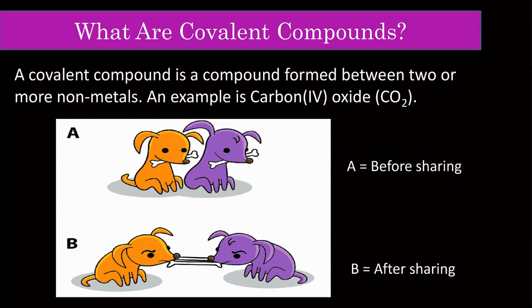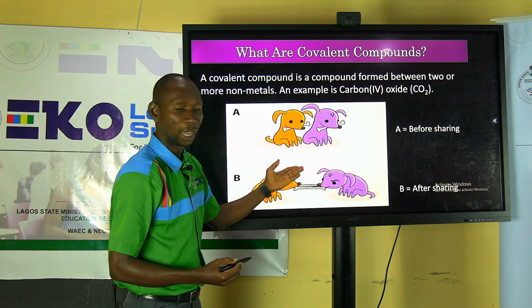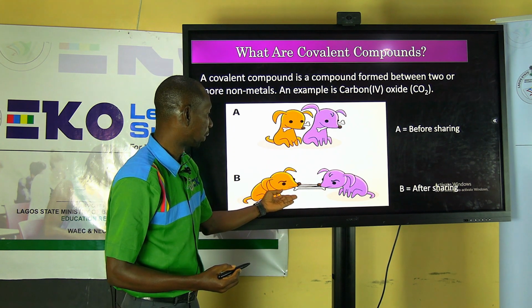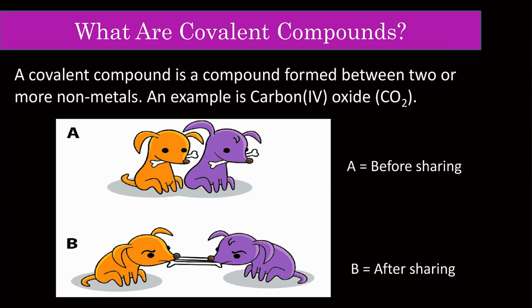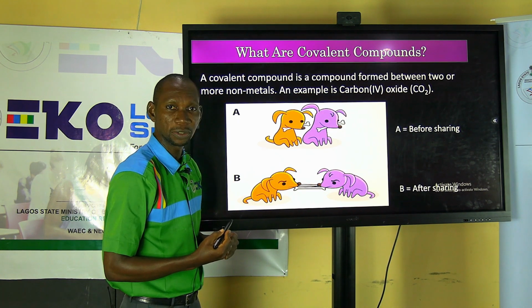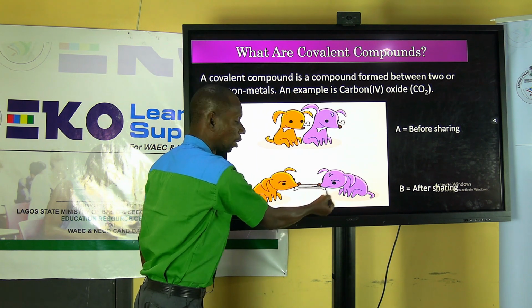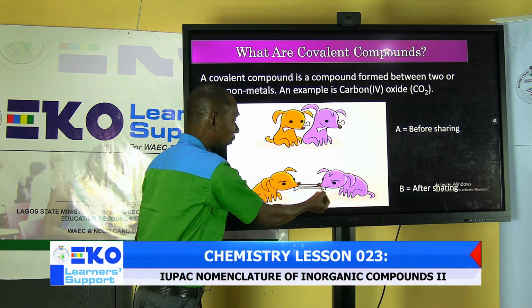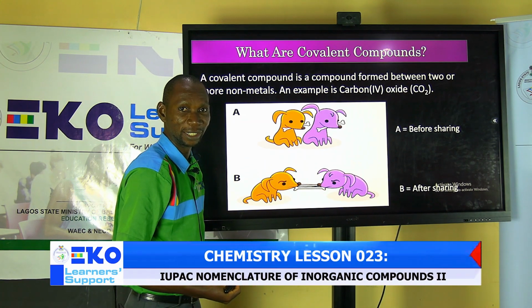Before sharing, each dog has a bone. And by the time they come together, they were able to share a pair of bone. This is exactly what atoms do. They come together, pair their electrons, and they form new bonds. So for example, this is a covalent bond, a bond that is formed as a result of sharing. Isn't this interesting?